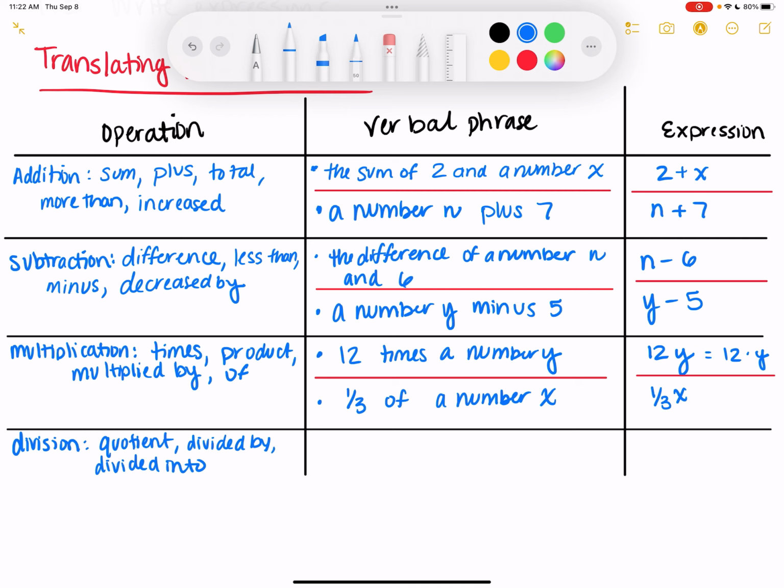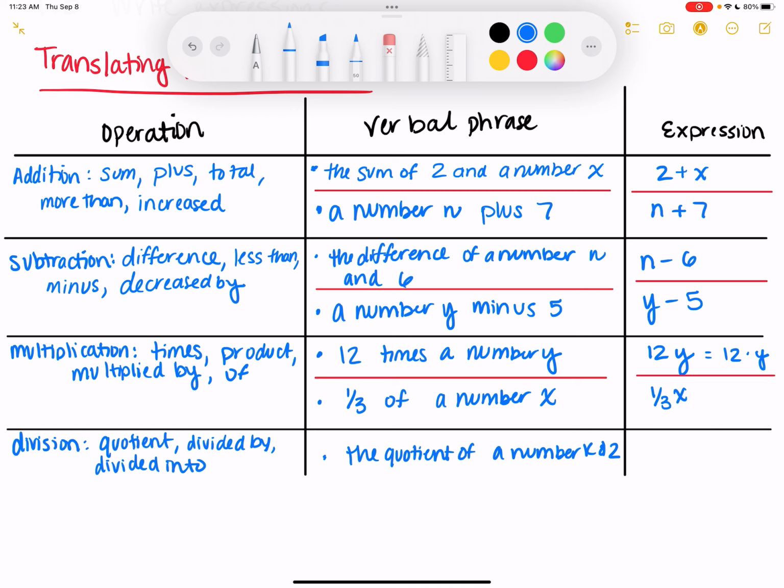So an example of that, like I said, there's only one of these, is the quotient of a number k and 2.